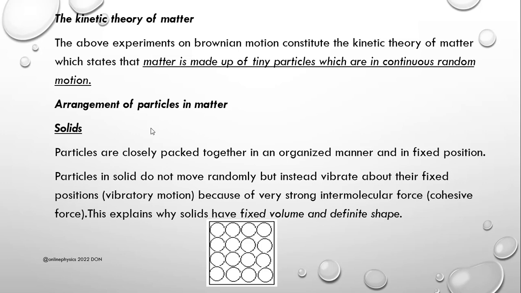Particles in solids do not move randomly, but instead vibrate about their fixed positions. That is the vibratory motion, because of very strong intermolecular forces. Those are the strong cohesive forces holding the solid particles together, that force of attraction between molecules. This explains why solids have fixed volume and definite shape.